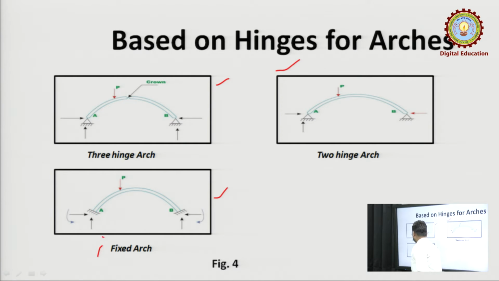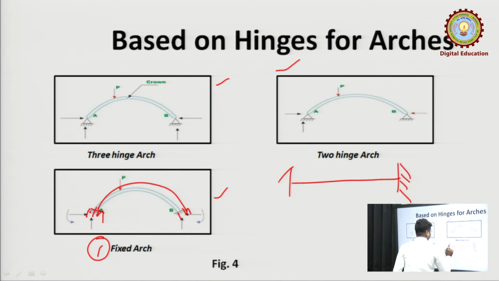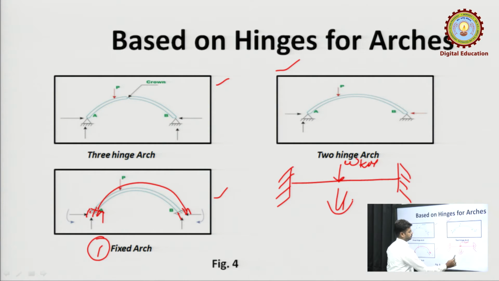First we have to decide what is fixed arch. We can see that the last portion of the curved beam is fixed. If a beam has fixed support having any load of W kilonewton, we call it a fixed beam.